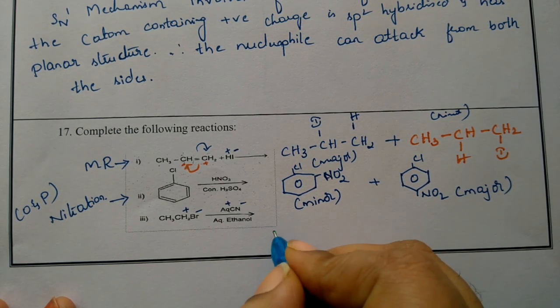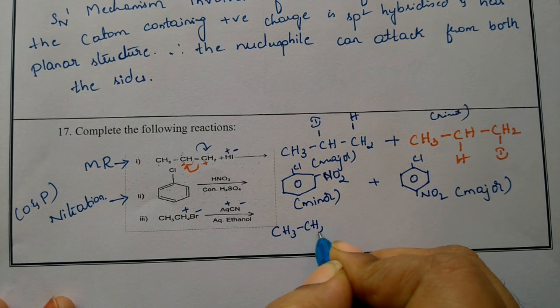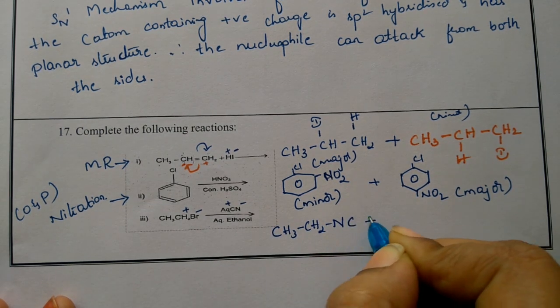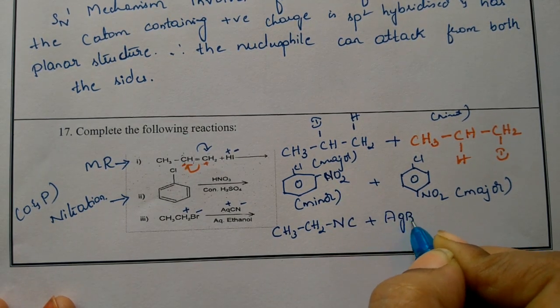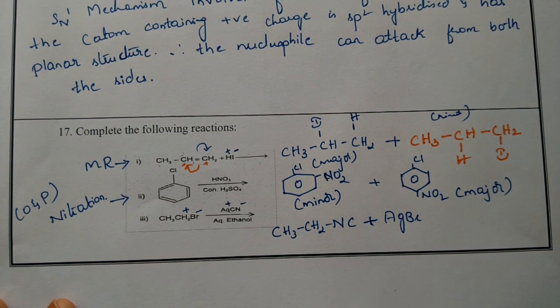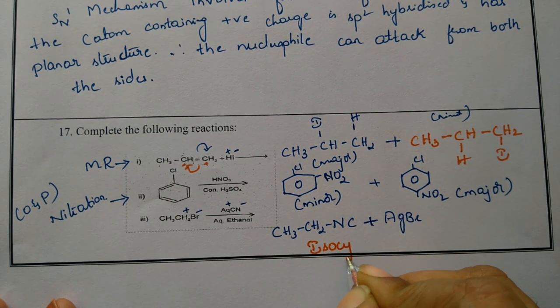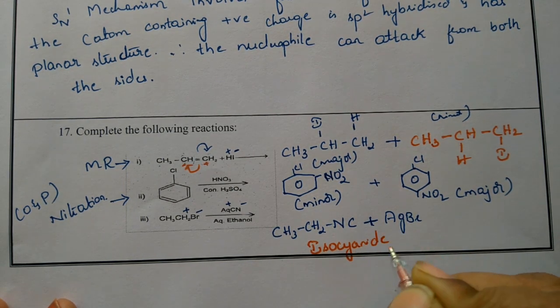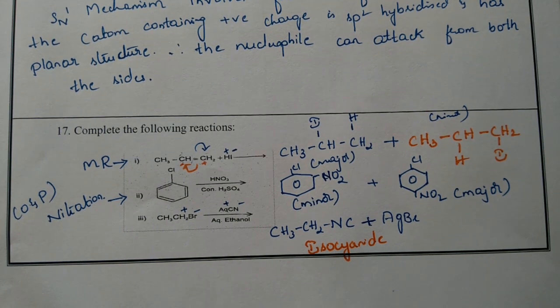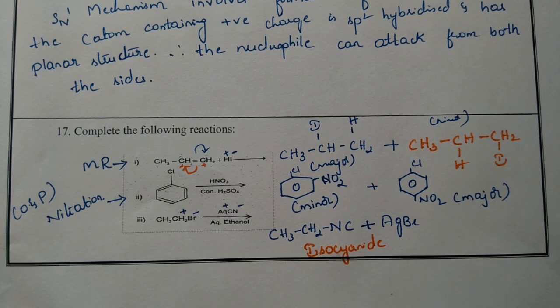So the product we will write is CH3CH2NC plus AgBr. AgBr is the same and it is NC. So the name of the compound is ethyl isocyanide, or simply we can write the compound as isocyanide. If it is alcoholic AgCN, it is isocyanide.